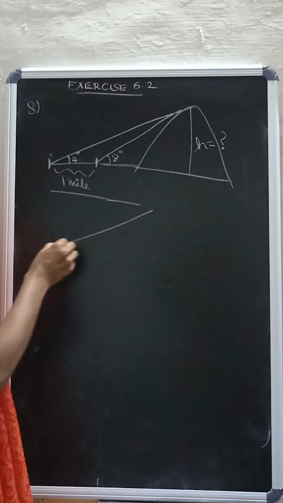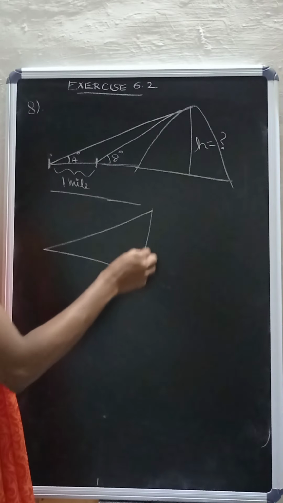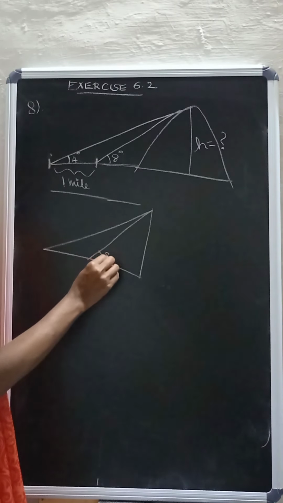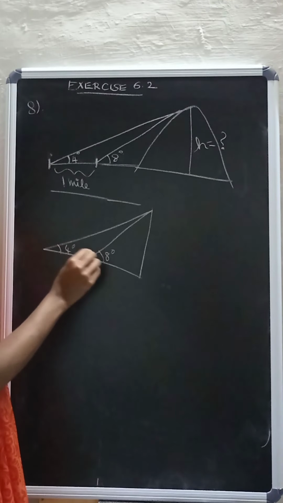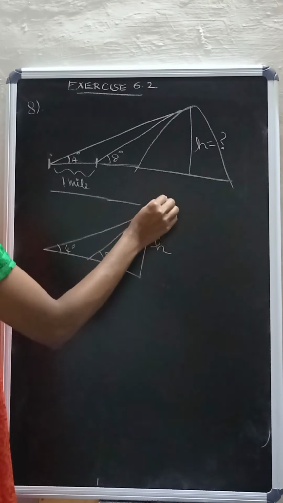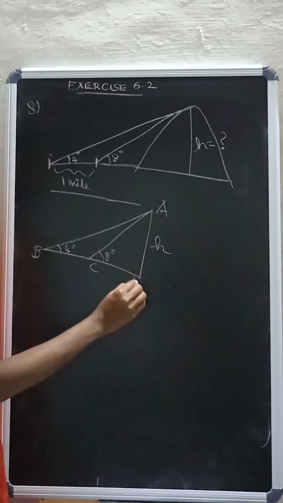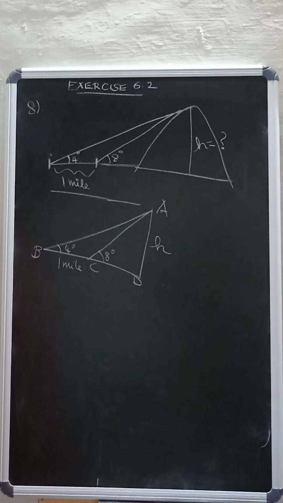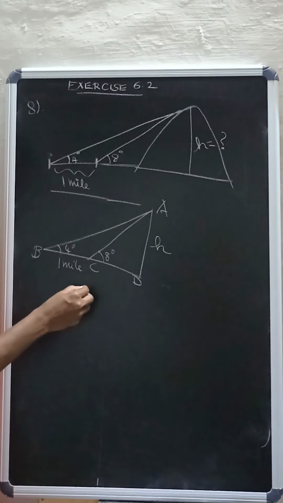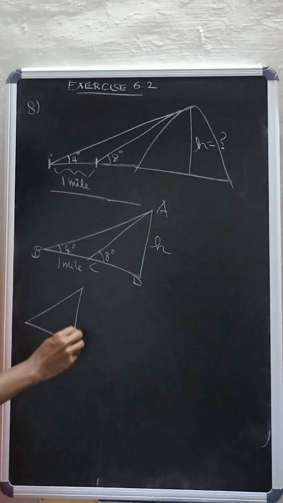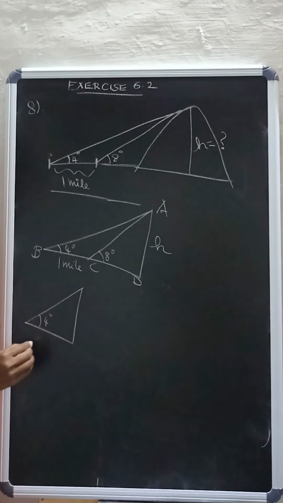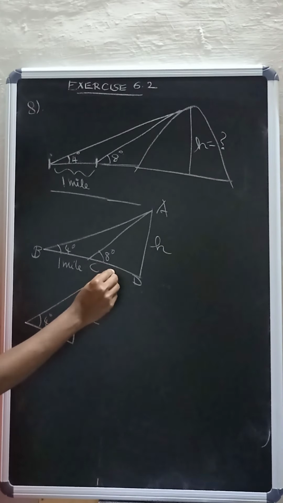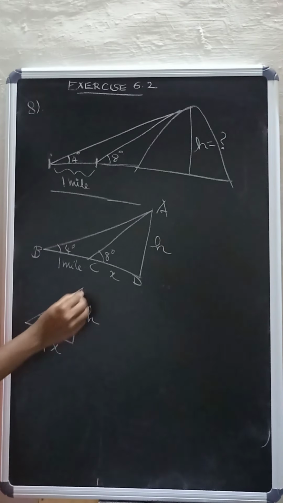Now we'll take the triangle and name it. This is 1 mile. We will take the first triangle. This is H. So this is 1 plus, let the length of CD be x. So 1 plus x.